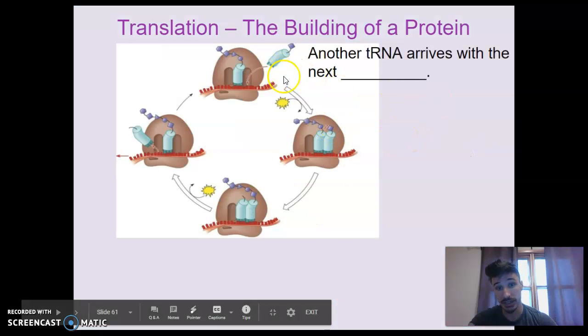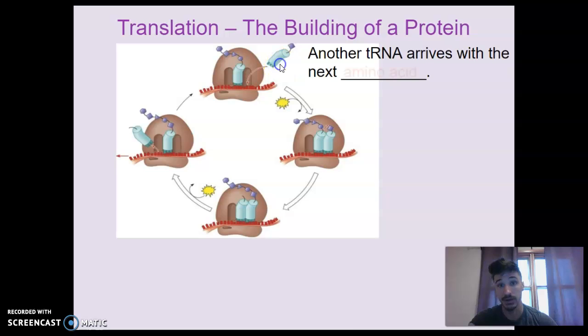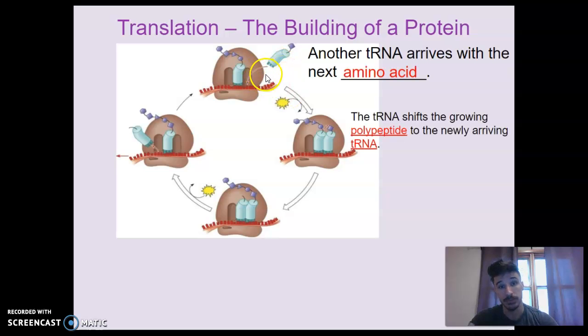Now, another tRNA is then going to arrive with the next amino acid. So, we have this tRNA entering. The anticodon here is going to match, or complement, the codon on the mRNA. And then we see some ATP, this little explosion emoji thing being used. That represents ATP, energy, being used.